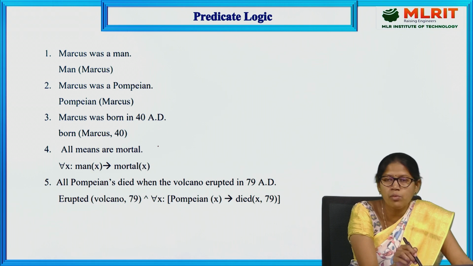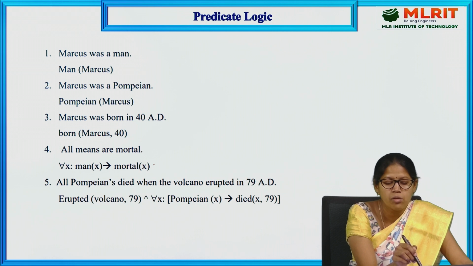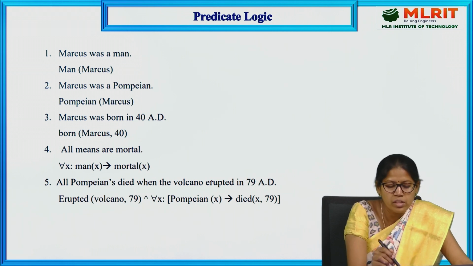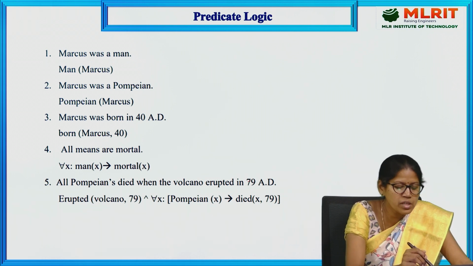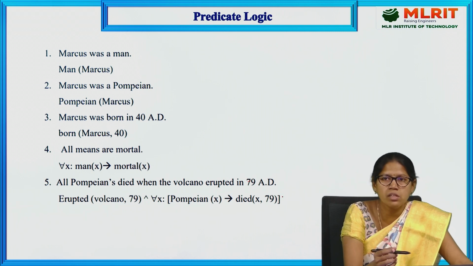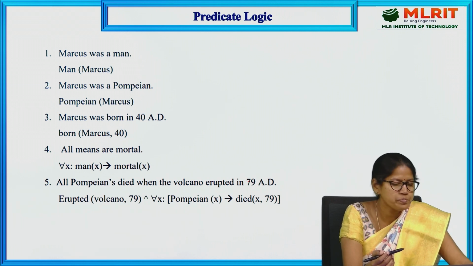All men are mortal: for all x, man of x implies mortal of x. All Pompeians died when the volcano erupted in 79 AD: erupted volcano, 79, and for all x, Pompeian x implies died x, 79. In such a way, we have to write the predicate statements.